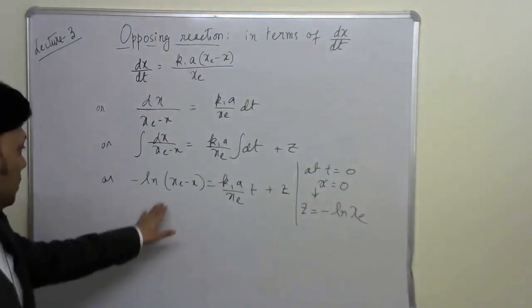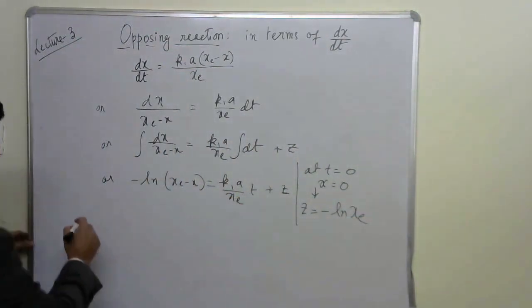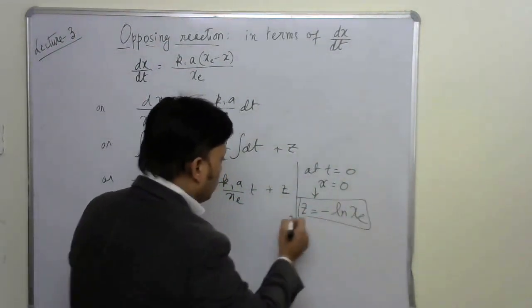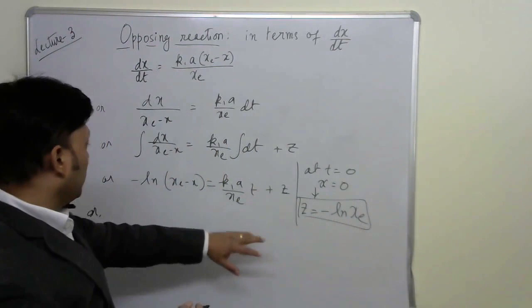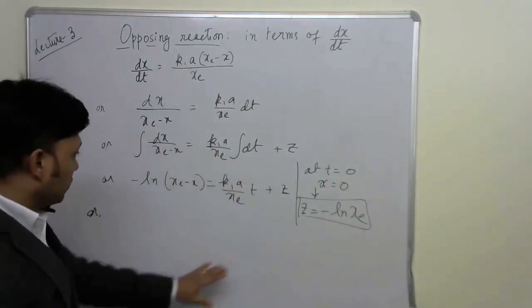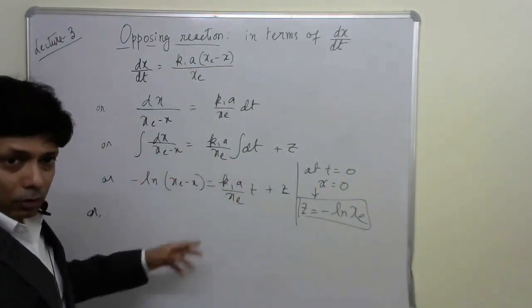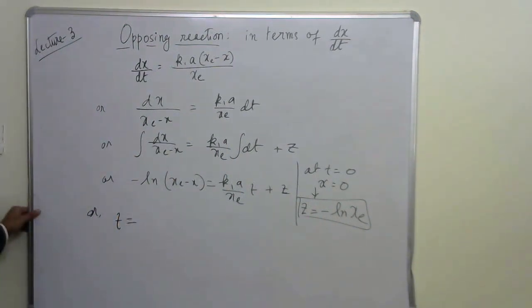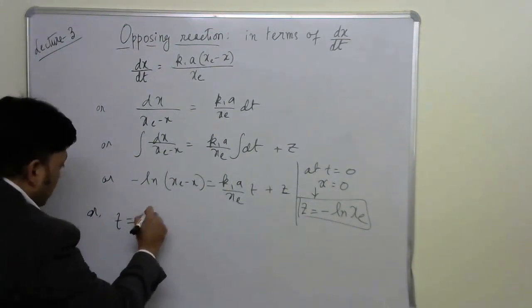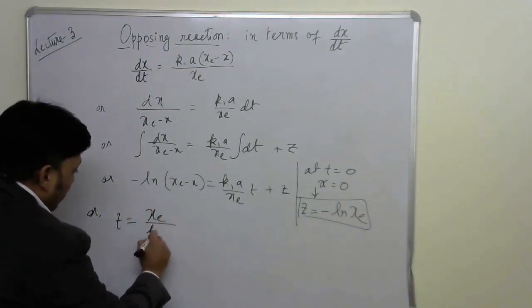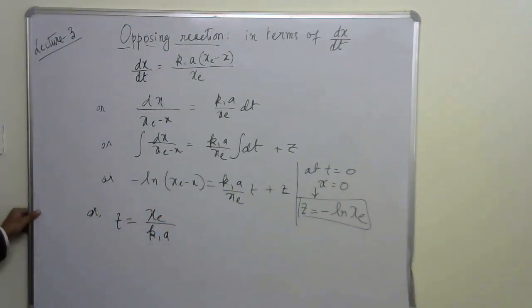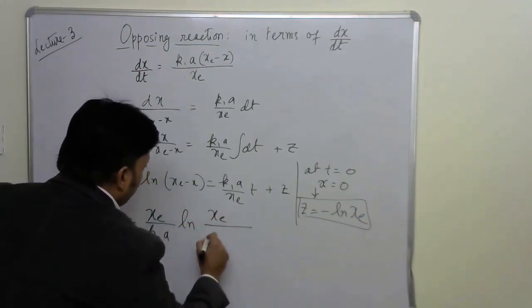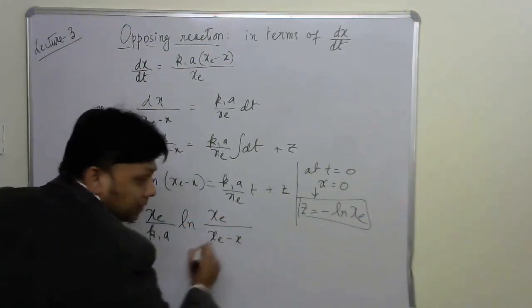So if we include the value of this and reorganize the equation, finally the integrated rate law becomes t is equal to xe divided by k1 a, times natural log of xe divided by (xe − x).